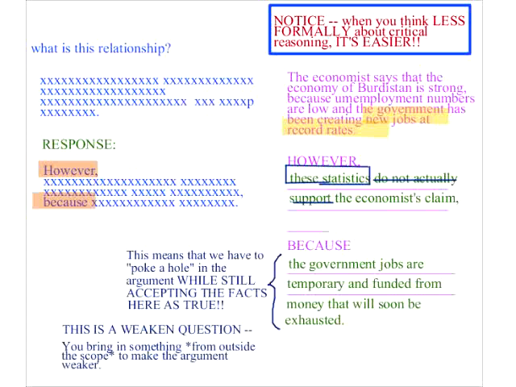The difference with the blank is just that you have to figure out what the conclusion is that you are actually trying to weaken. Usually, like, these statistics do not actually support the economist's claim. So what they're saying here is that the economist's claim is what we are trying to weaken.